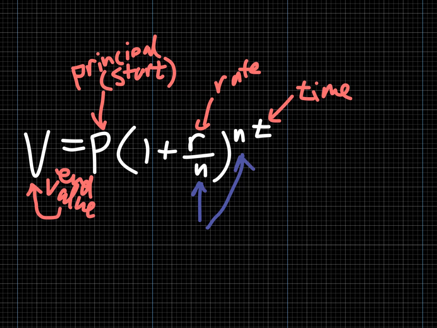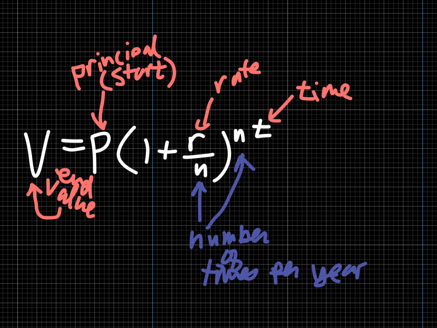But if it's once a year, you'd put a 1 in those 2 spots. Does that make sense to you? All right, good. So this is the number of times per year. And if you're making monthly payments, then it's a 12. And if it's once a year, annual, that's 1. Just a 1.